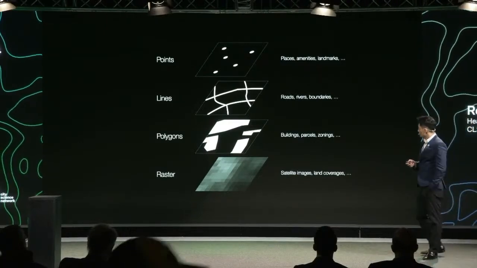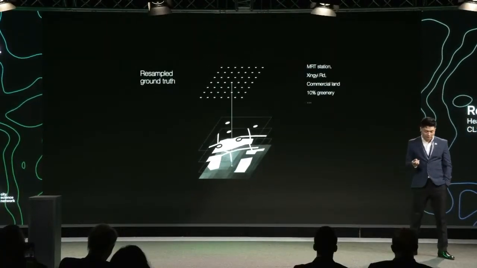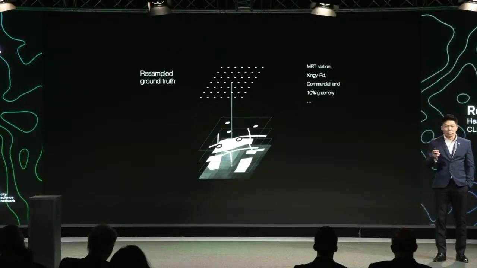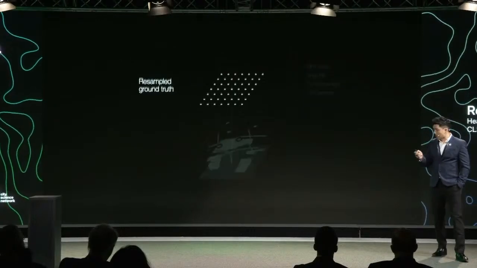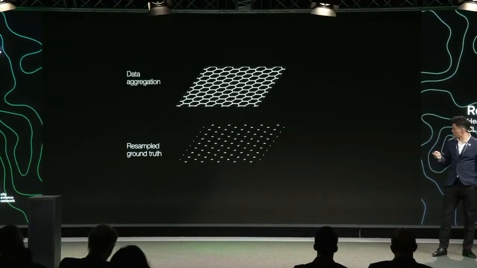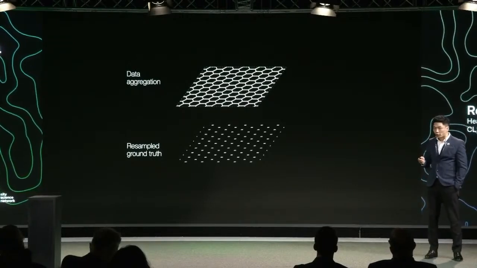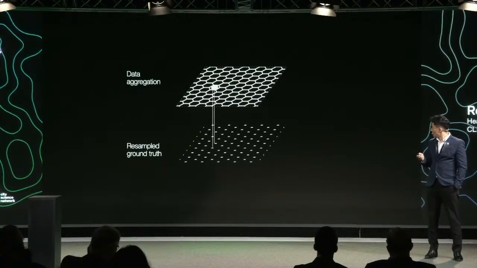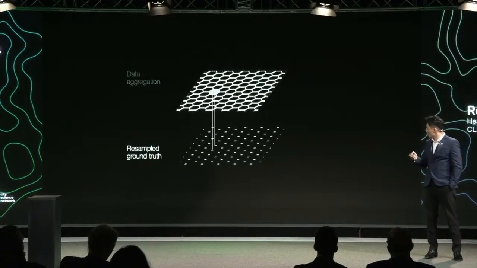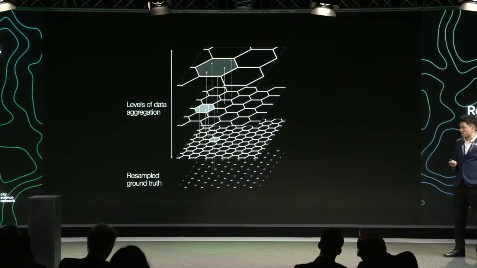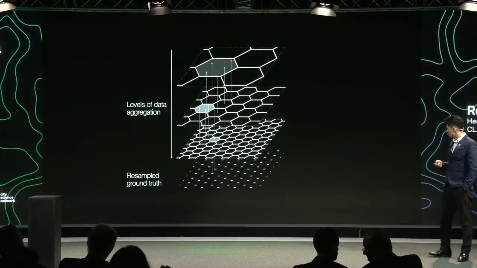So one way we came up with is using a singular uniform architecture to resample the ground truth so that we can aggregate all attributes of cities into a cell-based architecture and pre-aggregate them all together at different resolutions, allowing researchers or entities to quickly retrieve the data they need for different purposes of research.